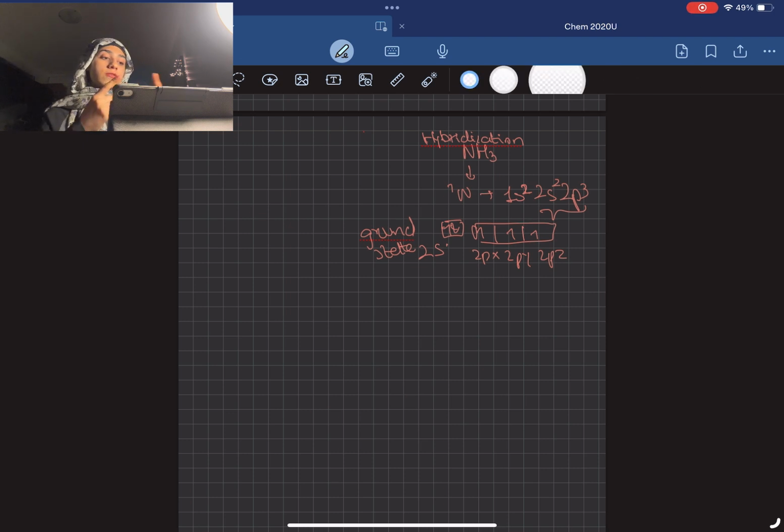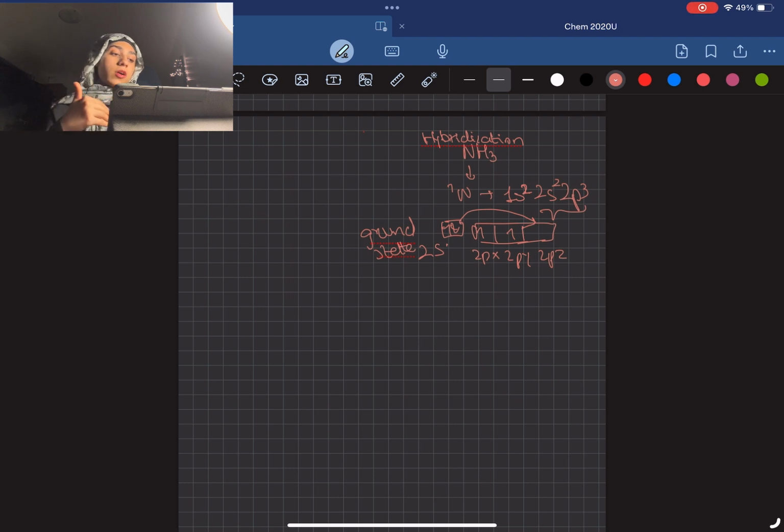So if it was full-filled, half-filled, or empty, that makes it stable. So I can't really shift an electron from here to here. If, let's say, I didn't have an electron over here, then I could possibly move 1 electron over here and make it half filled and call it an excited state. But let's say I didn't have 2 electrons here.